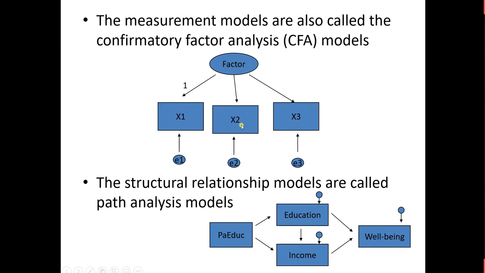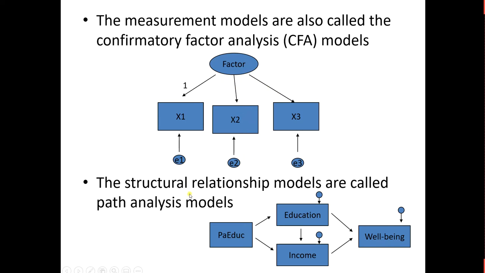And whenever we test the model, I will tell in detail in next slides, we put one constant. Here you will see that one is written. This is putting a constant, that if this is one, then we are free to estimate what will be the value of the coefficient of these two paths.